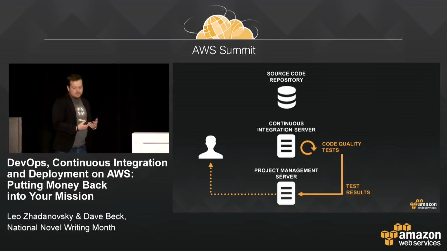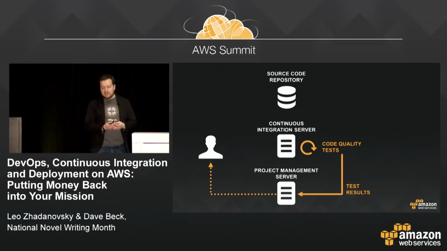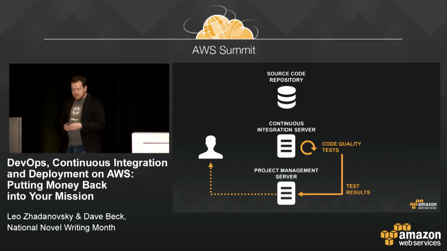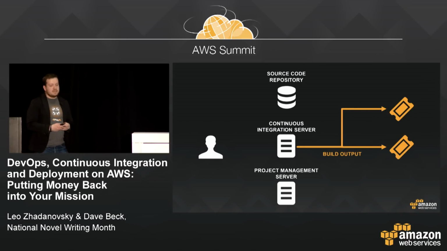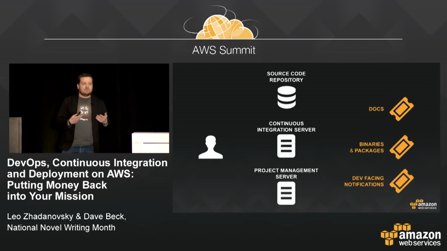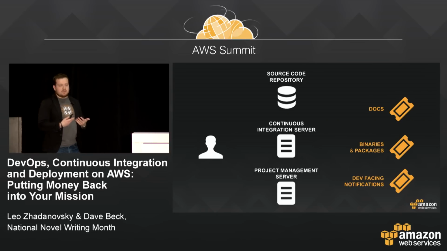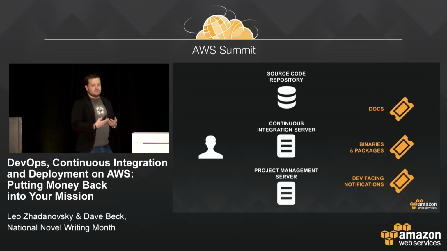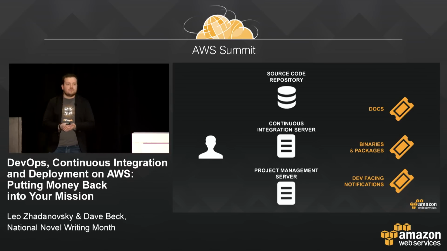So you go to your project management software, and you see the results of your test. And then, assuming the tests pass, you're going to actually do a build. That build's going to give you output. What is that output? Well, you're going to be building documentation. You're going to be building binaries and packages, which is what's actually going to get deployed onto your instances to deploy the new version of your code.